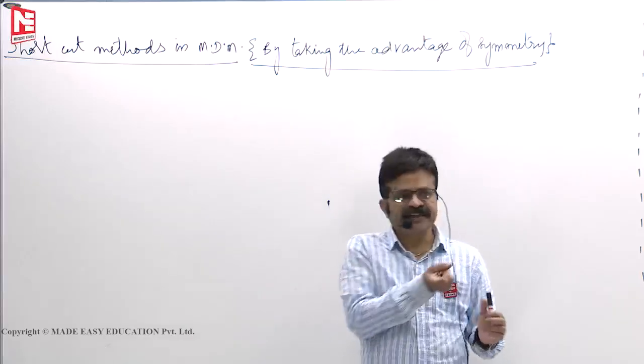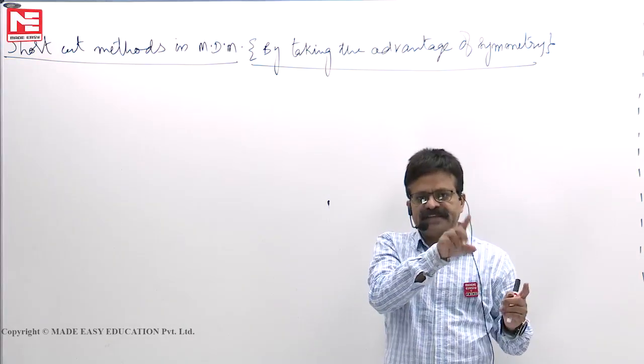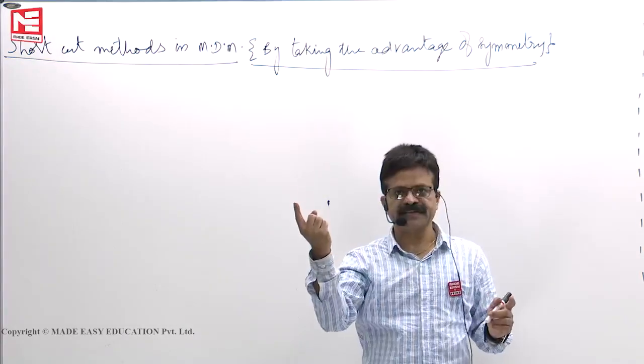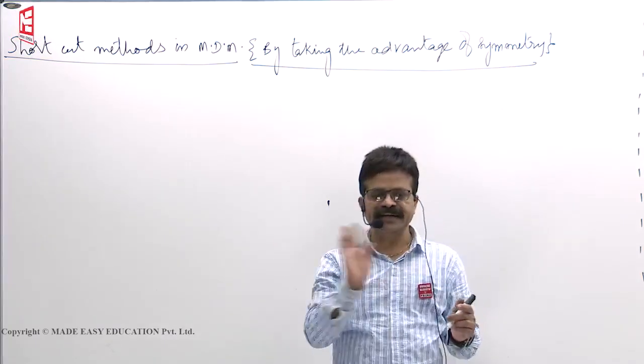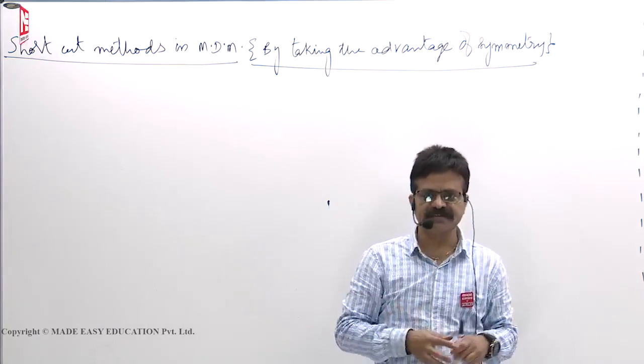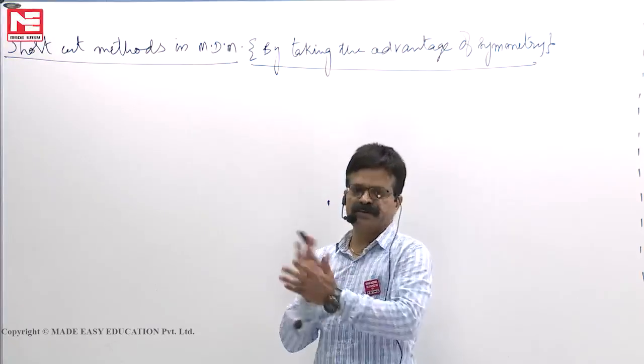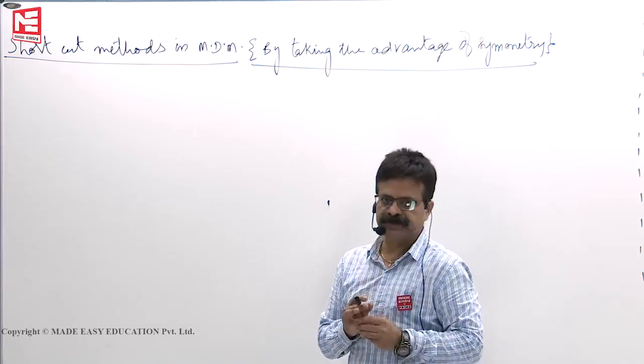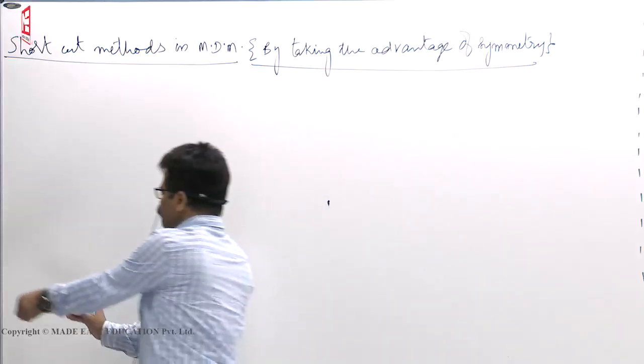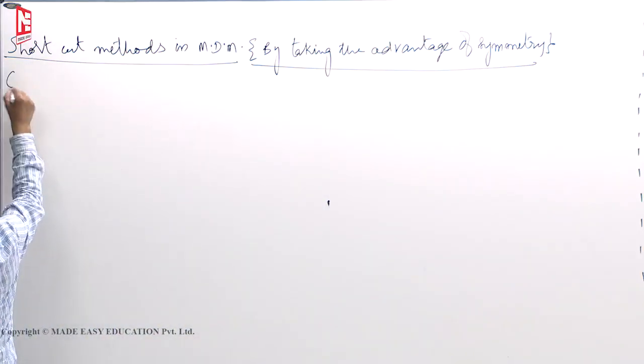Why with opposite sign? If the left side is anticlockwise, when I fold it, it becomes clockwise. So if you write with opposite sign, the mirror reflection matches. That's the meaning of that. With opposite sign, we should write all the moments on the other half of the beam or frame. So two cases we will solve.